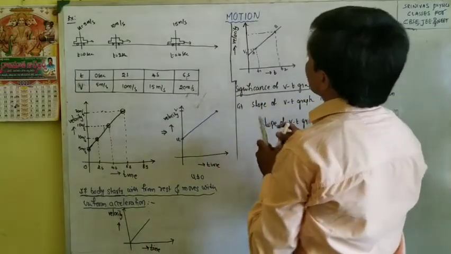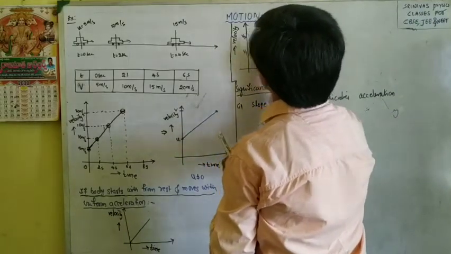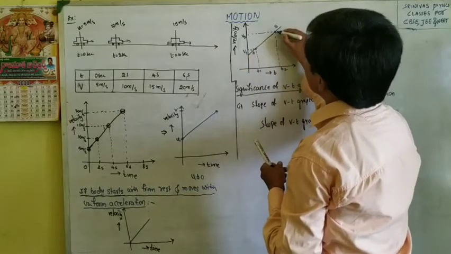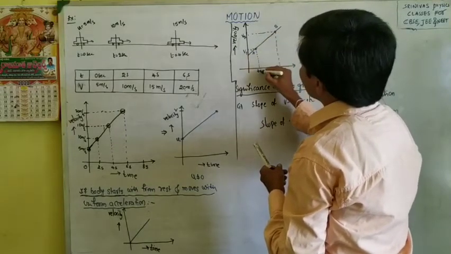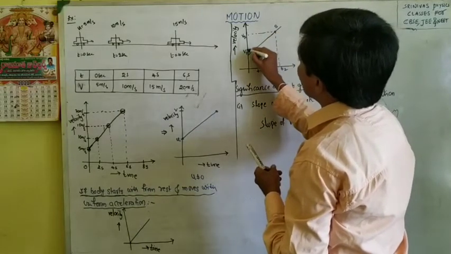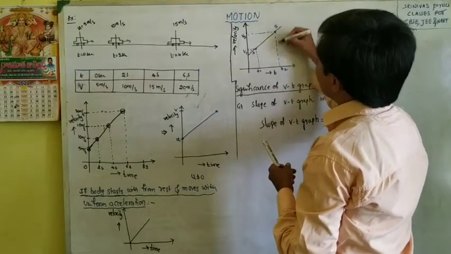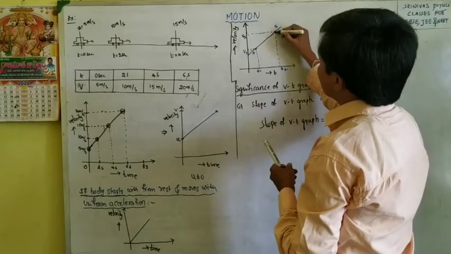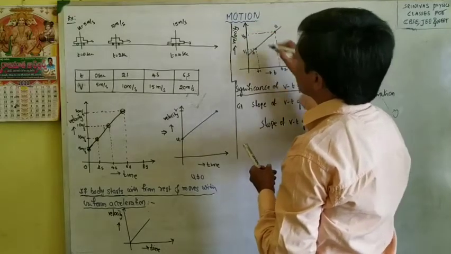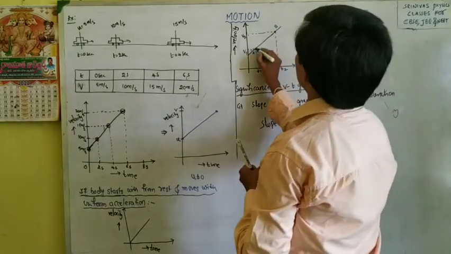Look here, we are taking two points on the graph: A at time T1 with velocity V1, and B at time T2 with velocity V2.